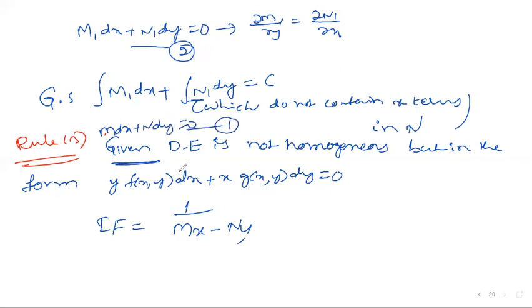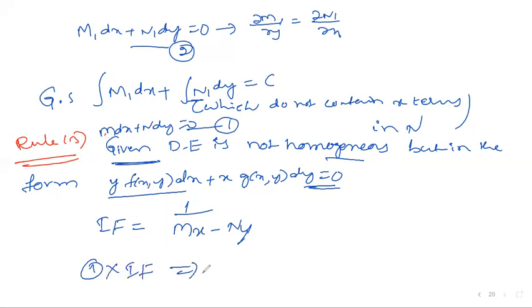It is not exact, not homogeneous, but in the form y f of x comma y dx plus x g of x comma y dy equal to 0. This integrating factor is 1 by (Mx minus Ny). To make it exact, equation 1 is multiplied by the integrating factor.